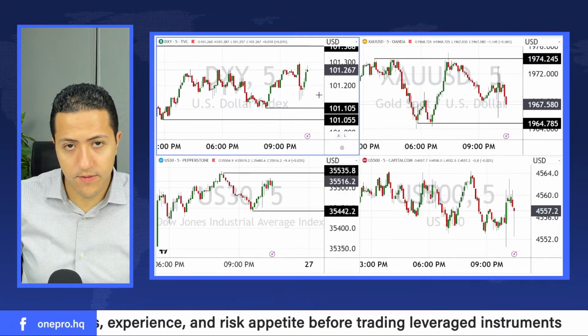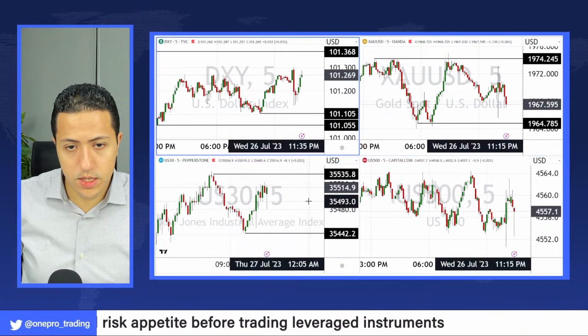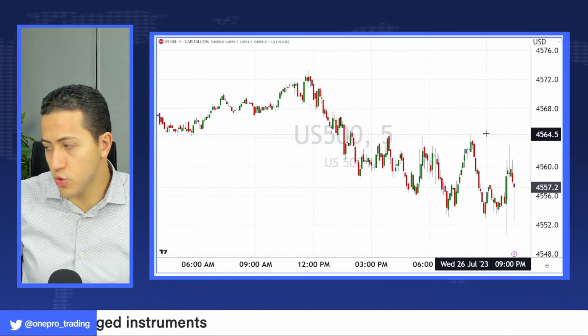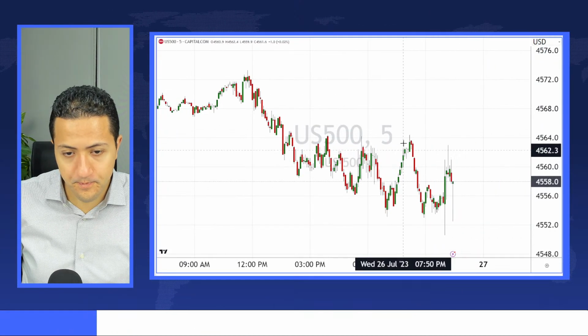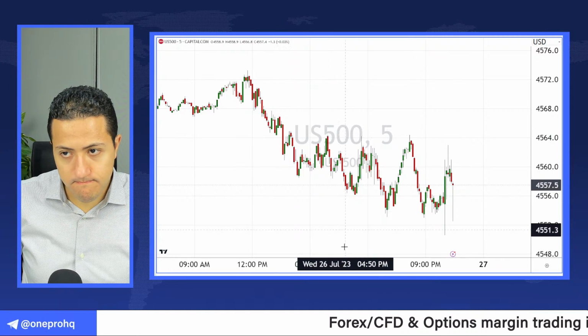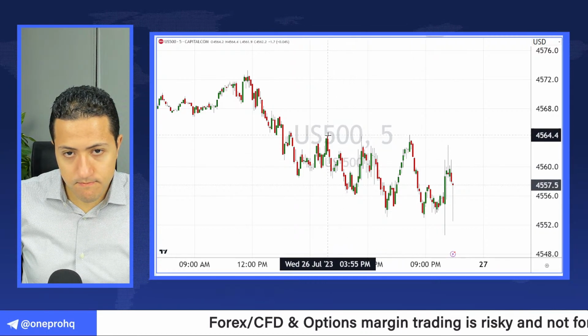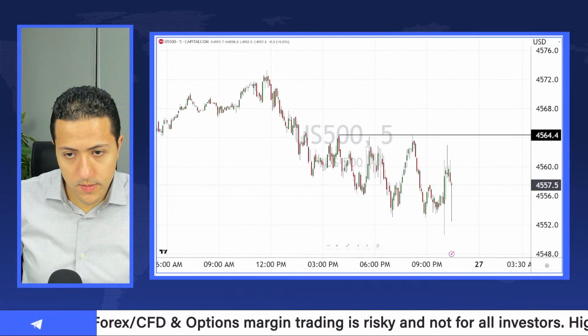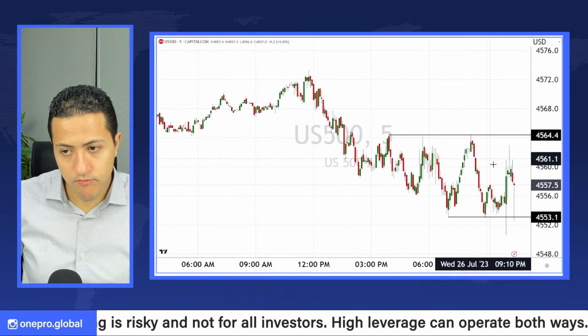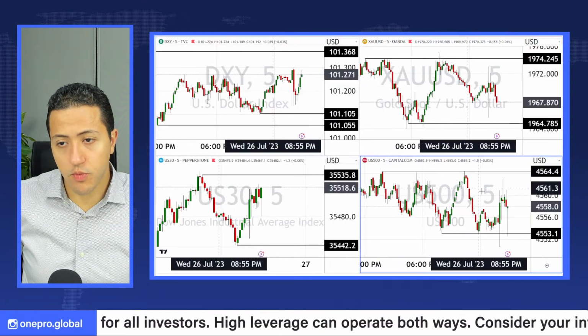You have supports and resistances everywhere in all of the main financial assets. Yeah, let's do the S&P quickly. We are running out of time here. Those are the levels of support and resistance.